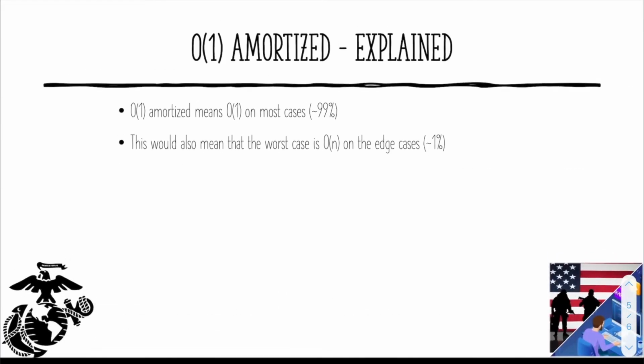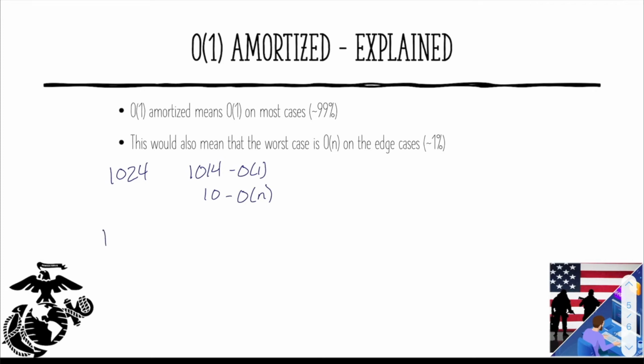So now let's talk a little bit more about O of 1 amortized. Just as we said before, in your first 1,024 inputs, you have 1,014 of O of 1, and you have 10 of O of n.